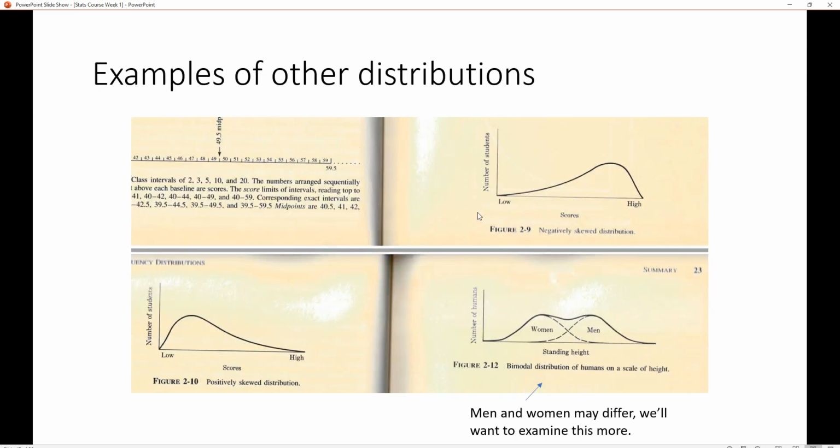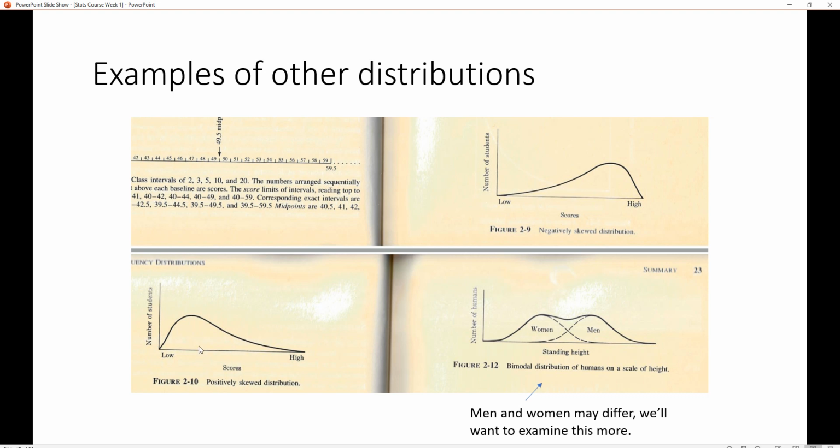So in this slide, we have examples of other distributions. On the top right, we have a negatively skewed distribution. And on the bottom left, we have a positively skewed distribution. You can see for negative skew, the tail drifts off to the left.